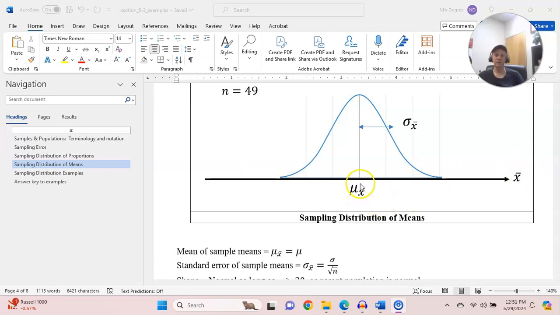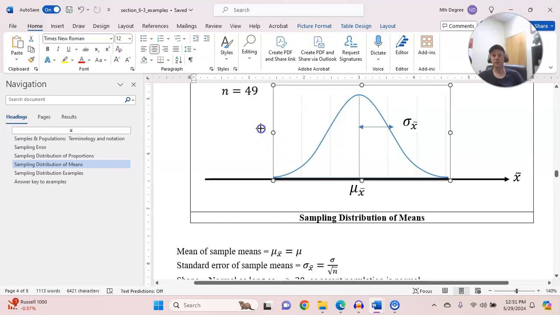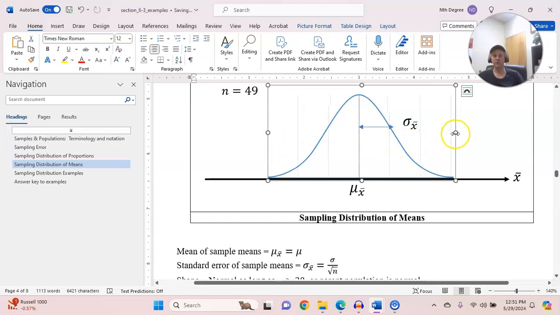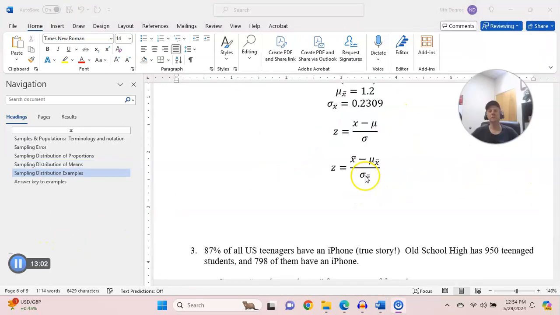And its mean is symbolized by mu x bar, the mean of all the sample means. And its standard deviation is the standard error, which is abbreviated as sigma x bar, right? The standard deviation of all the sample means. So I'm basically putting these 3 versions of those variables into the formula now.